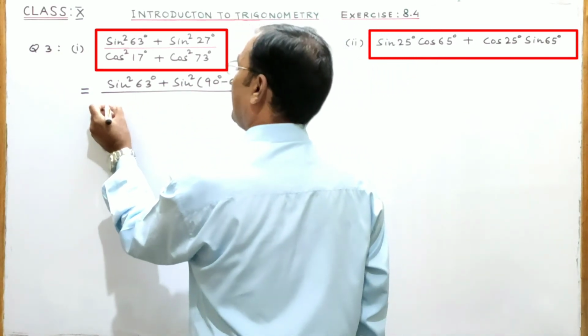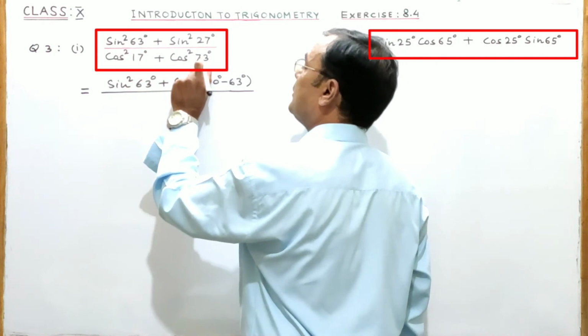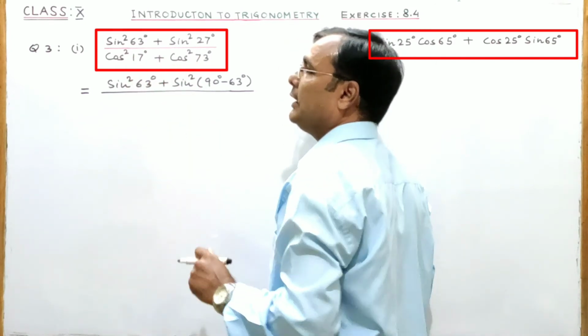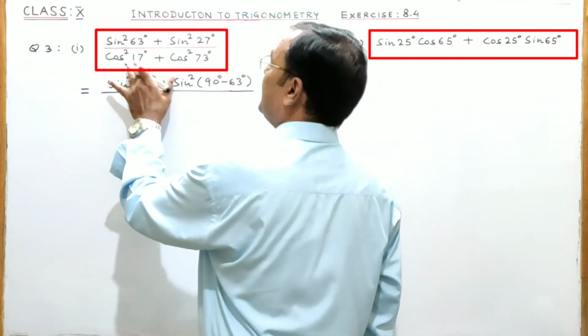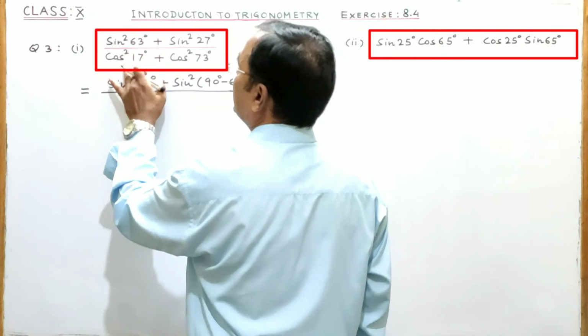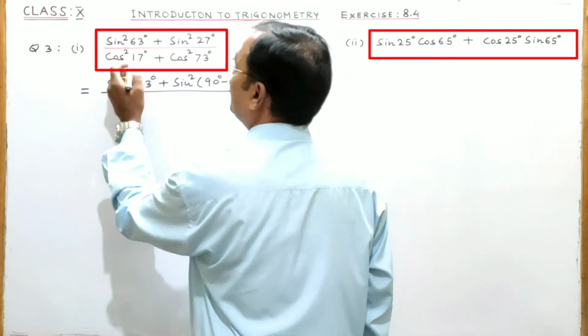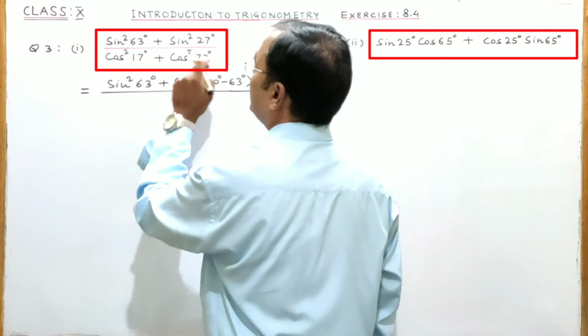By this 17 degrees will change in terms of 73 degrees. Any one actually can be changed in terms of the other angle. Even 17 can be changed into 73 and 73 can also be changed in terms of 17 degrees. So let's change this 17 degrees in terms of 73 degrees.